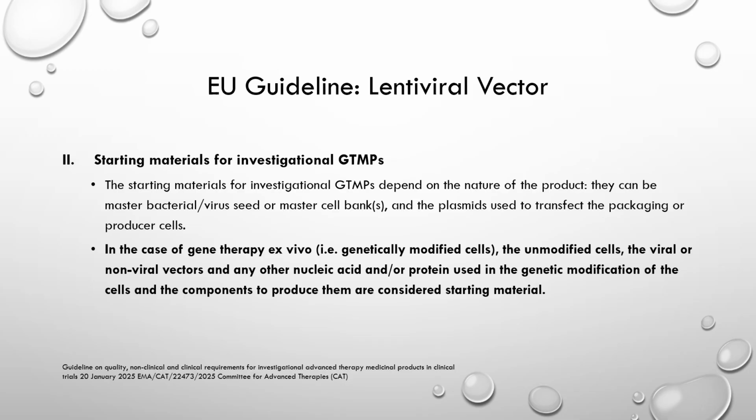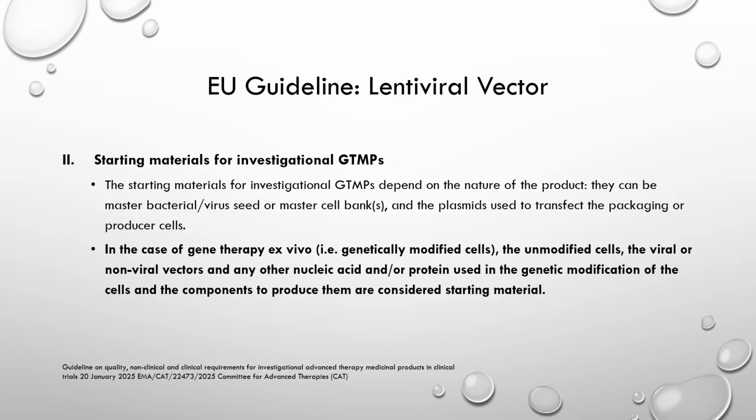Again, coming on from this guideline, the starting material for investigational gene therapy medicinal products depends on the nature of the product. Even though we're referring to this as a cell-based medicinal product, because it is genetically modified, some of the gene therapy medicinal product guidance applies. They can be master bacterial or virus seeds or master cell banks, and the plasmids used to transfect the packaging or producer cells.